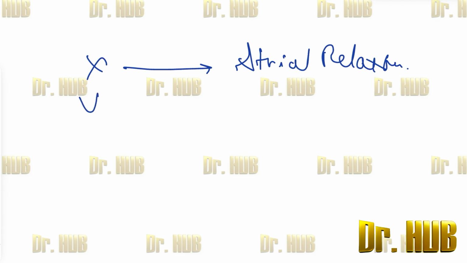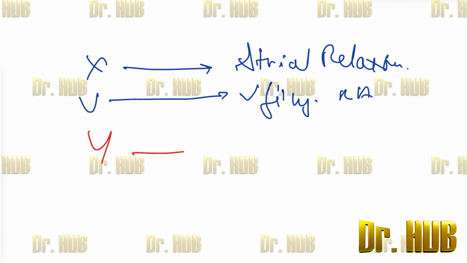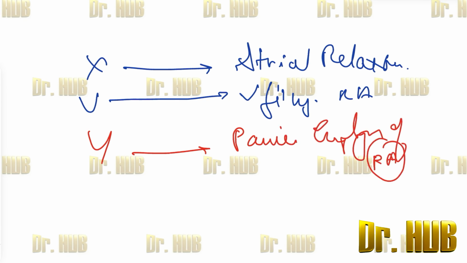Then comes the V wave, which stands for the venous filling of the right atrium. Then comes the Y descent, which is for the passive emptying of the right atrium into the right ventricle.